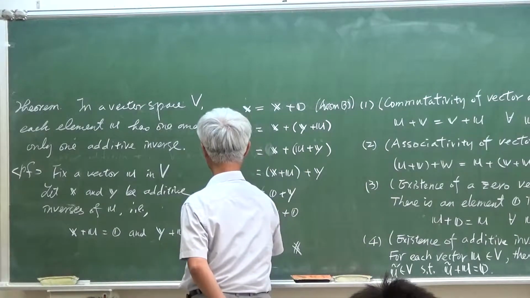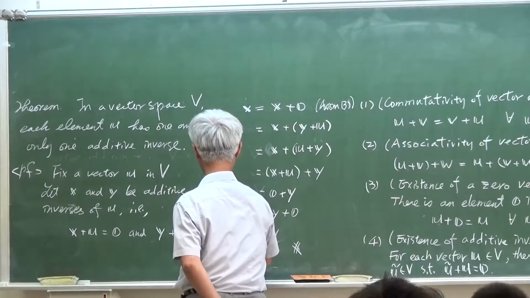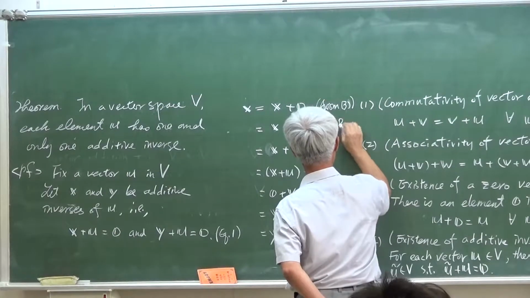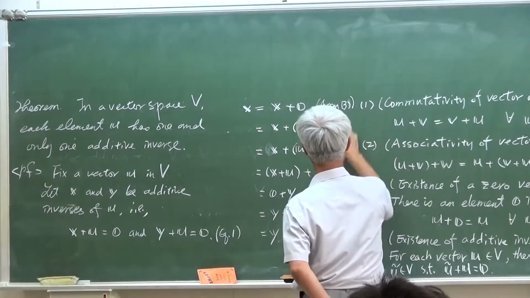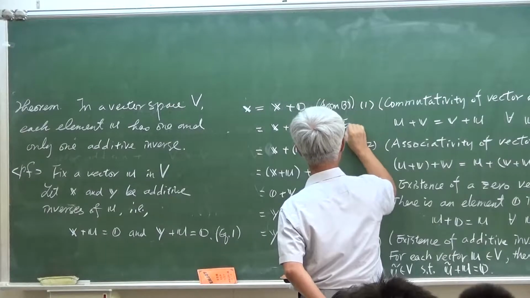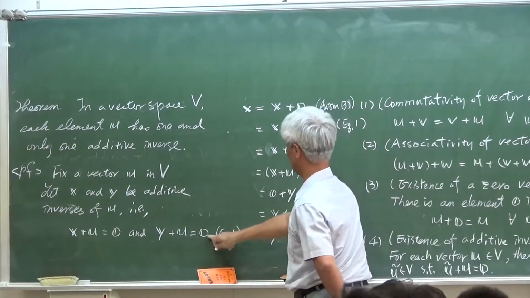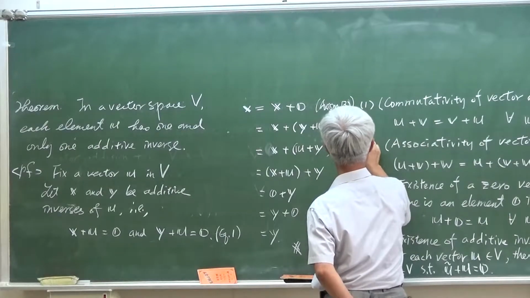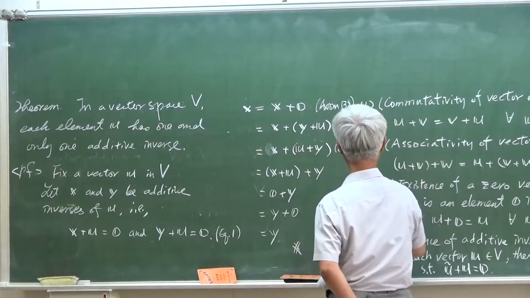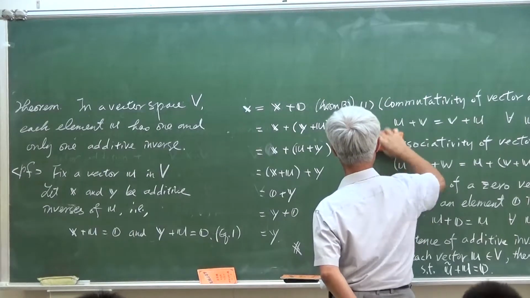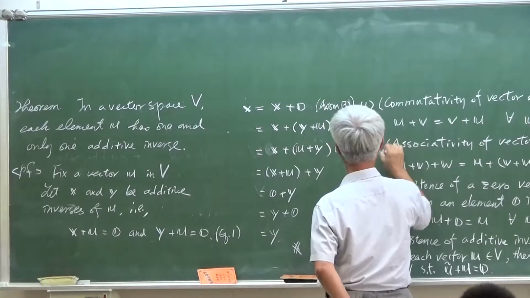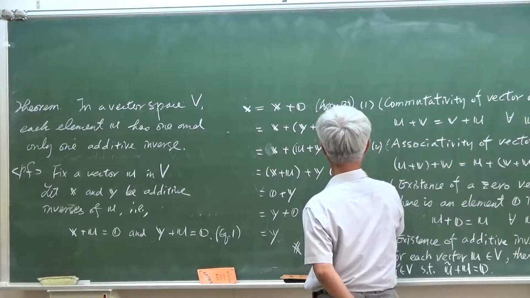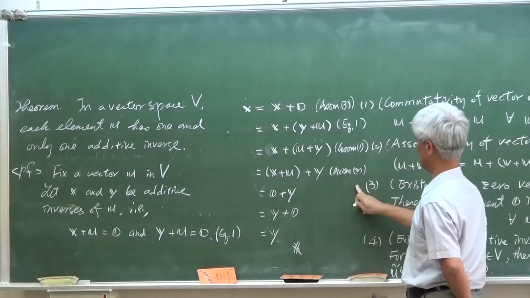And here is from here. I will say this is equation 1. So this is equation 1, and this is axiom 1, commutativity. And this is axiom 2, associativity.